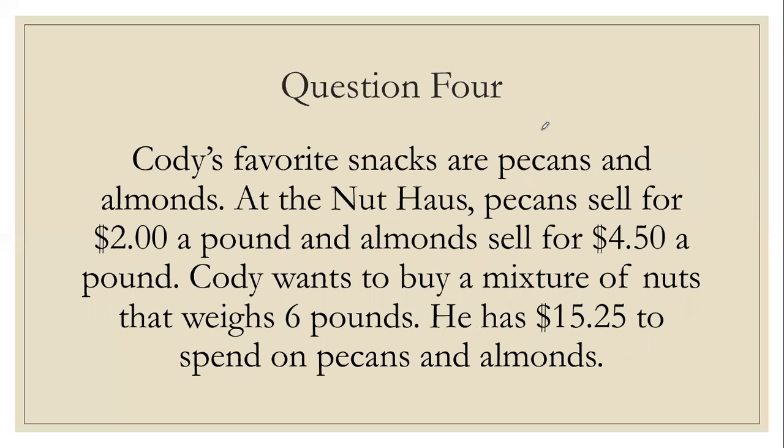All right, question 4. Pecans and almonds, so X and Y. At the nut house, pecans sell for $2 a pound, almonds sell for $3.50, and cashews sell for $6.